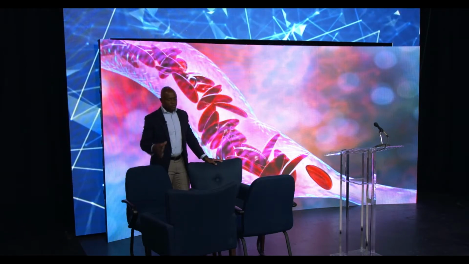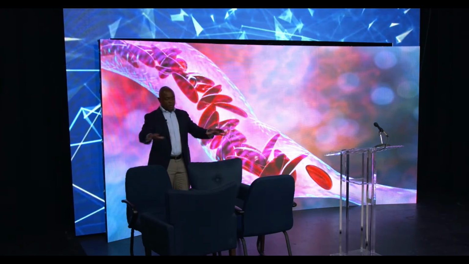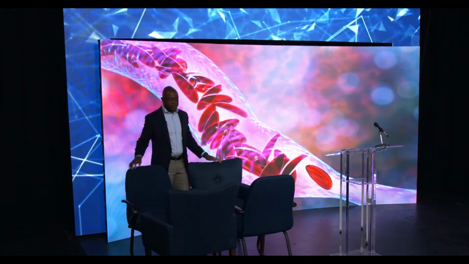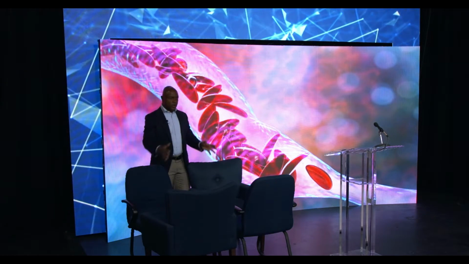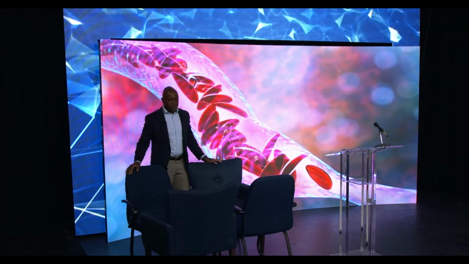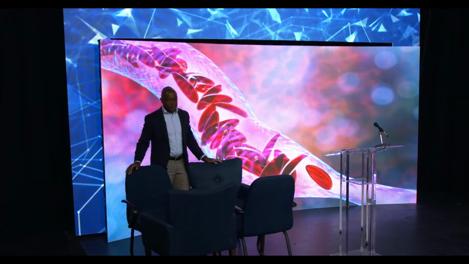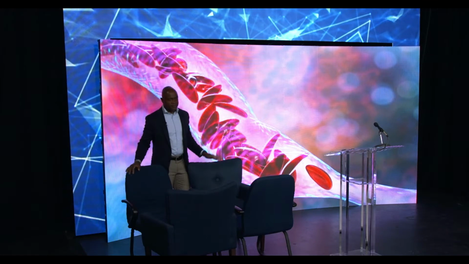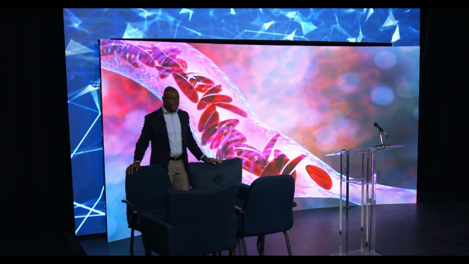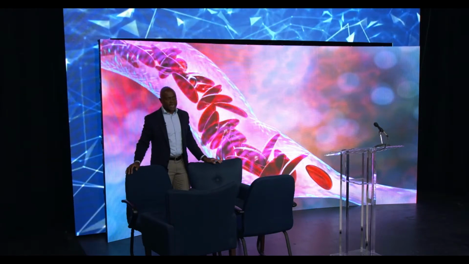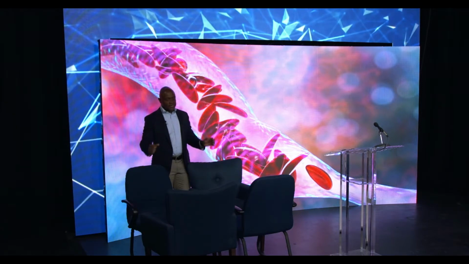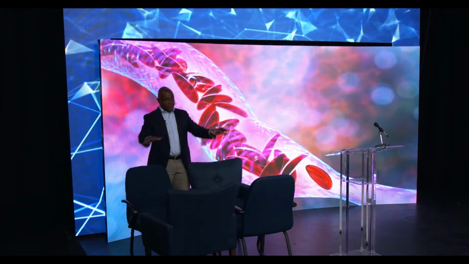And in this protein structure, iron sits here, but also this is where oxygen sits. And so red cells are the oxygen carrying cells of the body because they have hemoglobin, this protein structure. Sickle cell disease is a genetic condition that affects the structure of hemoglobin.